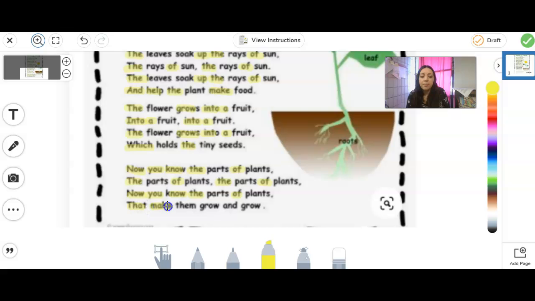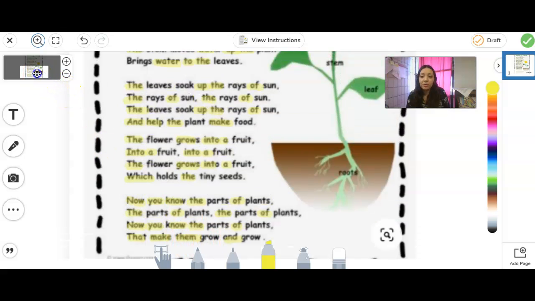That, make them grow and grow. So it says, now you know the parts of plants, the parts of plants. Now you know the parts of plants that make them grow and grow.